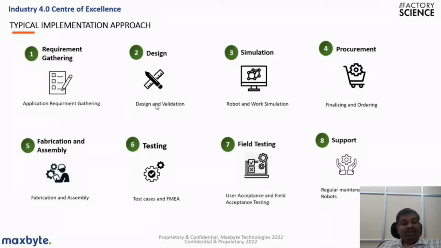And from there it goes to the second stage, where we'll be designing and validating the requirements from the user. The final end user requirements will be gathered, and we'll go for a design phase, where the finalization of the components, say the robot, the communication with the machine, the gripper size, end effector, payload, and what is the reach of the robot, everything will be finalized in this design stage.